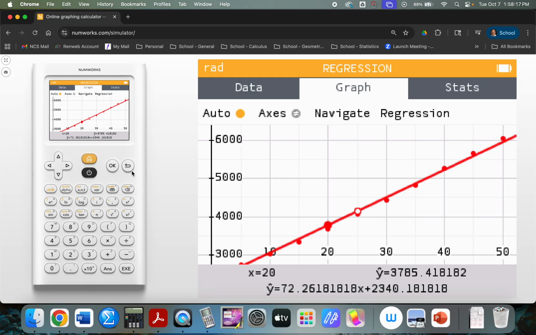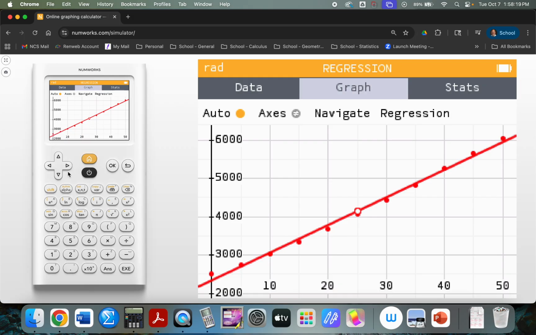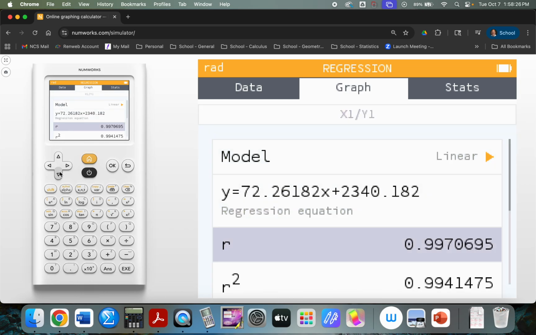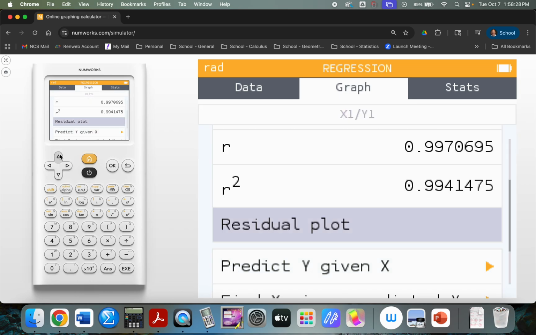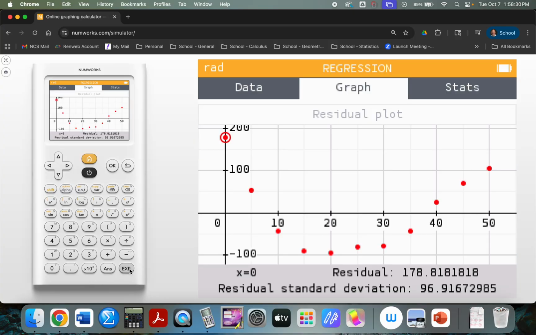So on this, if I go back to regression and I look at the residual plot, uh-oh. Goodness. The residual very much has a curve in it.